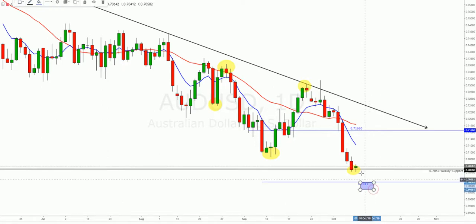So price could well spike to this region. We do have business confidence fundamentals tomorrow morning. That's from the Australian dollar, which could push the dollar lower.